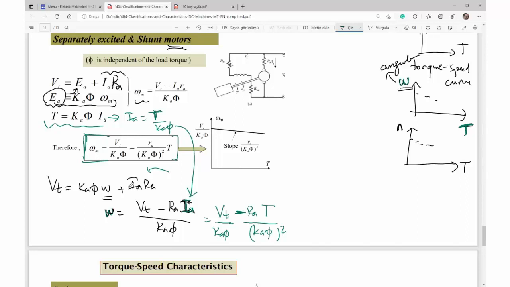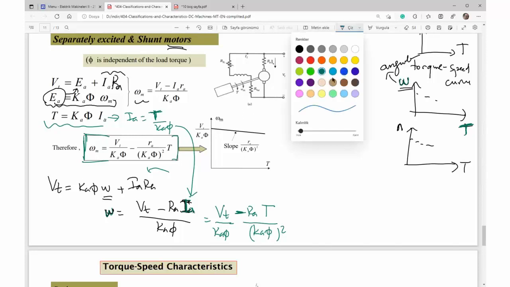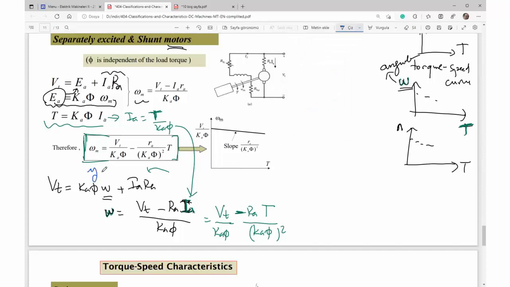It looks like a first order linear equation, y is equal to minus mx plus a. Here is a, here is y, here is x, here is the slope of the linear relation.